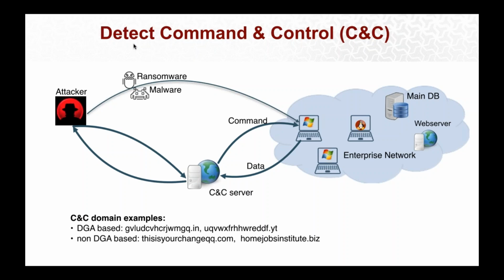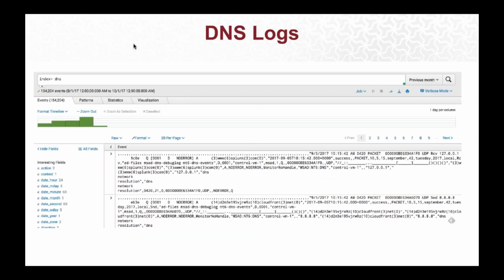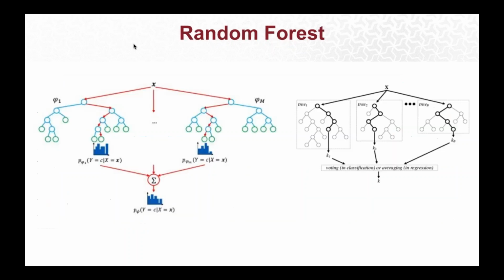Now, how do we do this kind of CNC detection using data science? So this shows the DNS logs, and we can't really analyze all this by hand. So we have to use some kind of parser, and that parsing and indexing all has to be done. This one is done in Splunk. And then we need to train a classifier. So we are using a random forest in this case.